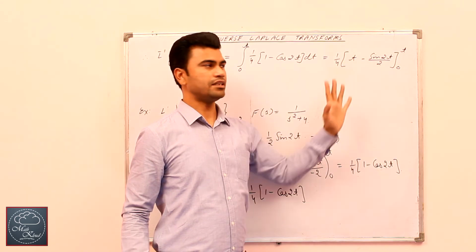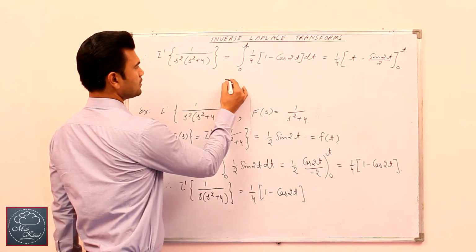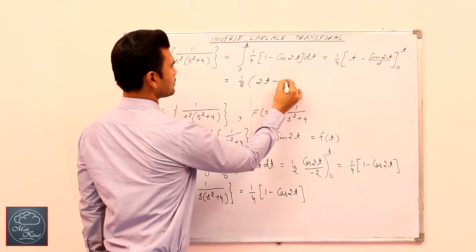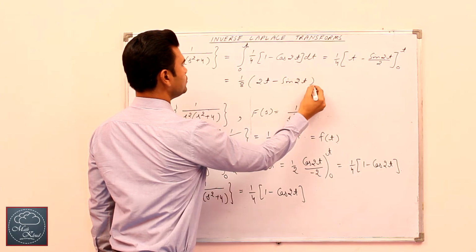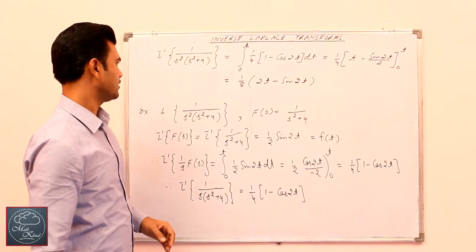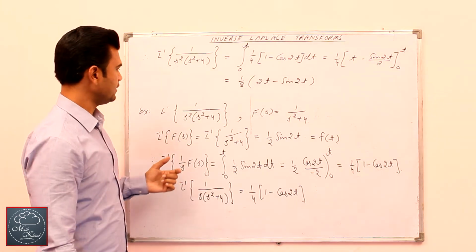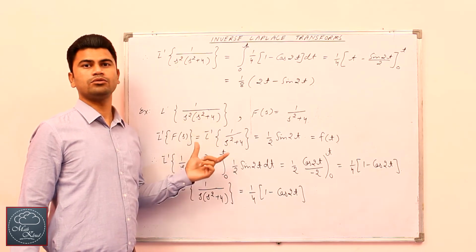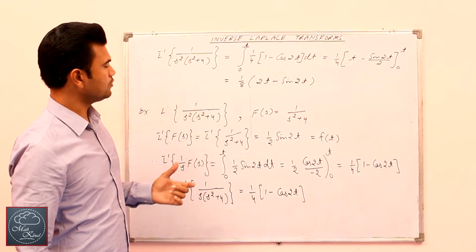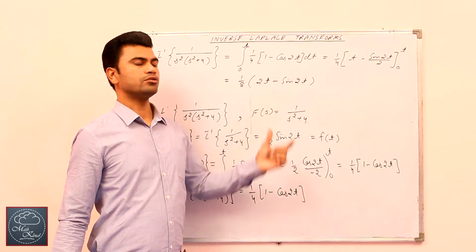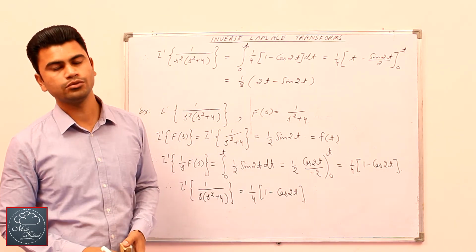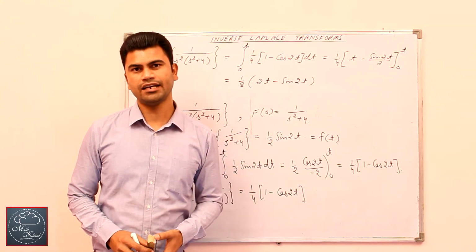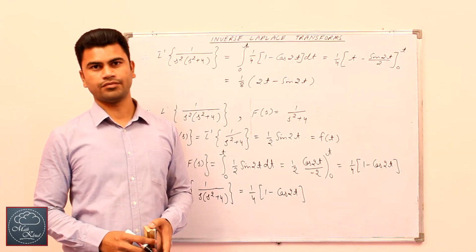You get your final result as 1 by 8 into 2t minus sine of 2t. In this way we have used our result to find the inverse Laplace transform of 1 over s square into s square plus 4, which comes to be 1 by 8 into 2t minus sine of 2t. So these were two important results, that is multiplication by s and division by s.